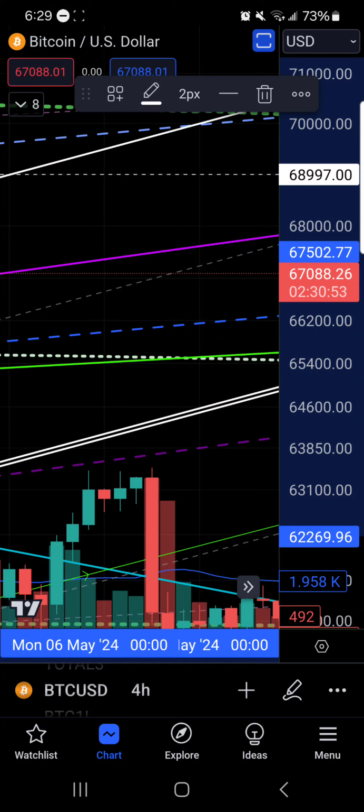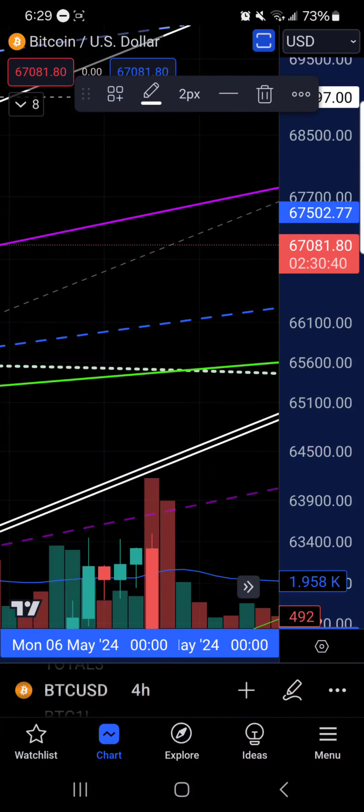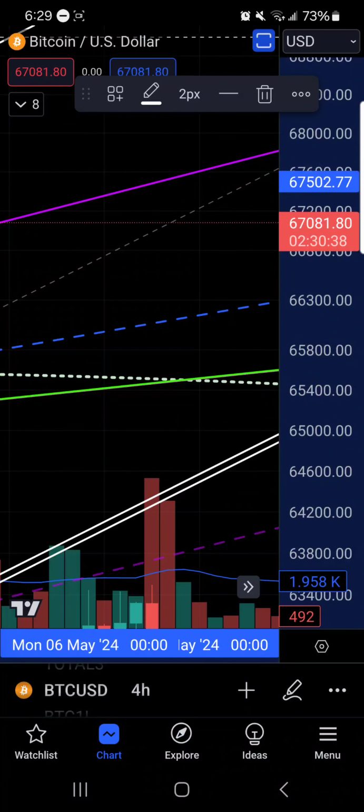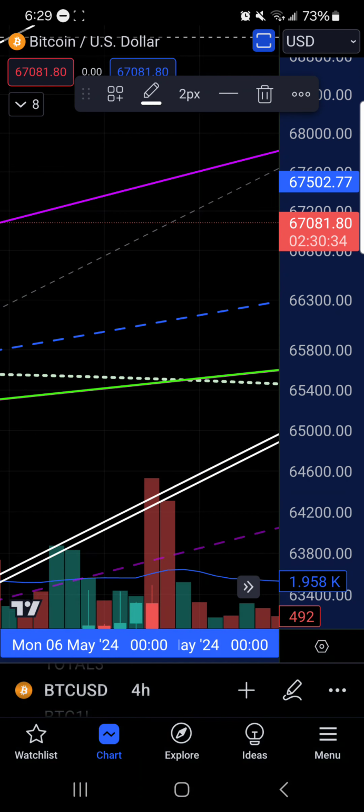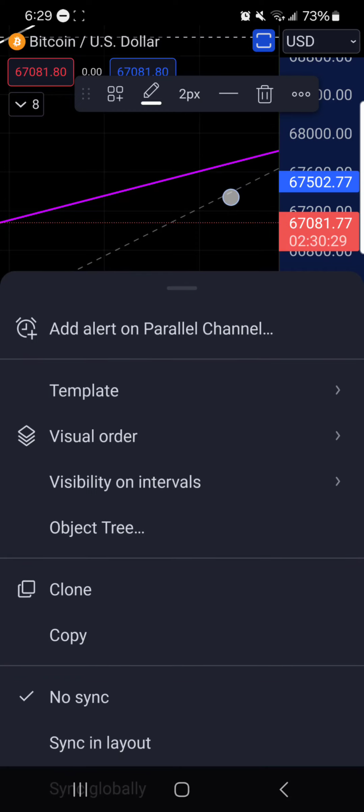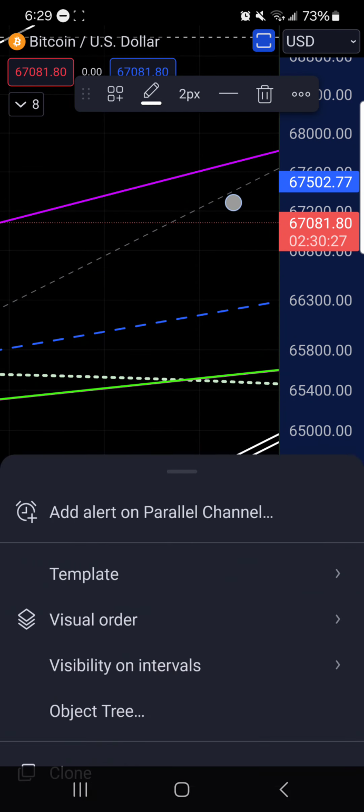It's very, very important to have these set on for when you change to weekly time frames and daily time frames and hourly time frames, so that everybody's all in sync. Let's open this up, and okay, we don't want to do that.